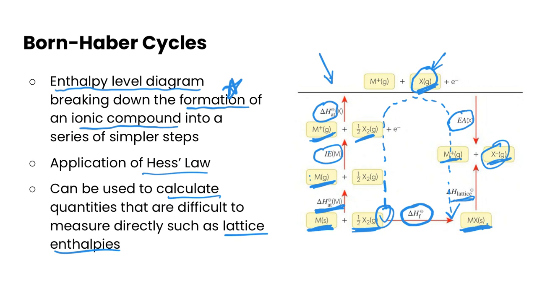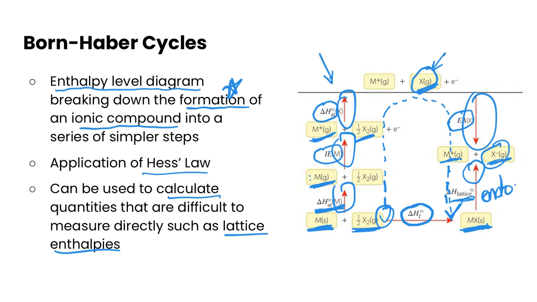Everything here is going with the direction of our indirect route. But remember, lattice enthalpy is endothermic, so we're going to have to flip the sign of this one in our calculations in order to get down to our enthalpy of formation.